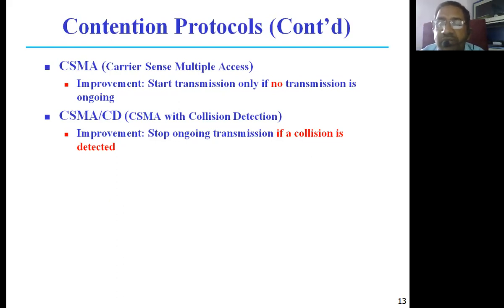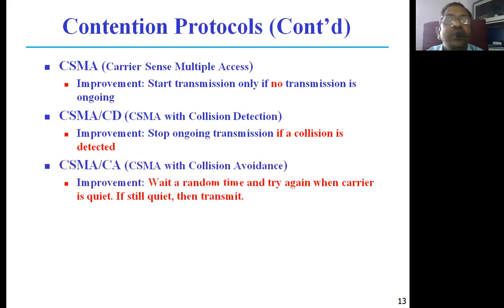After some time, it gets an acknowledgement, a handshake, that a collision has taken place somewhere. Then this mobile station must stop its ongoing transmission. That is what happens in the collision detection process. Once the problem is cleared, only then should the process be reinitiated. That is the collision detection method.